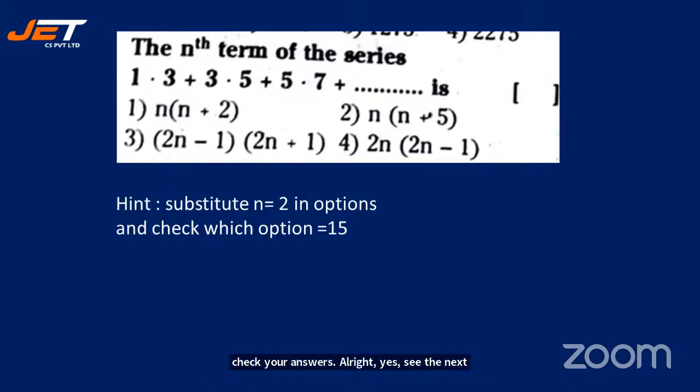The nth term of the series 1.3 plus 3.5 plus 5.7 plus and so on is dash. Right? Yes. So is it n into n plus 2? Right? So what is that you need to do in this? Substitute n is equal to 2 in the options and check which option gives 15.